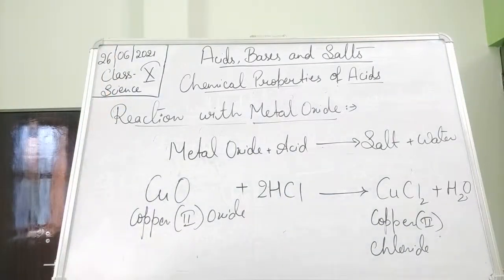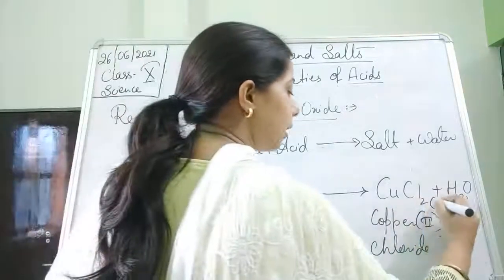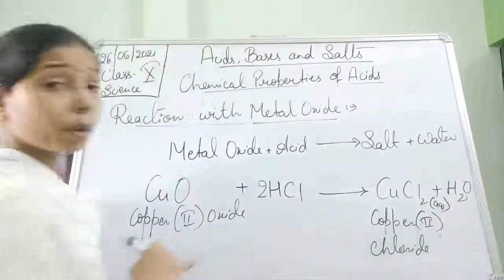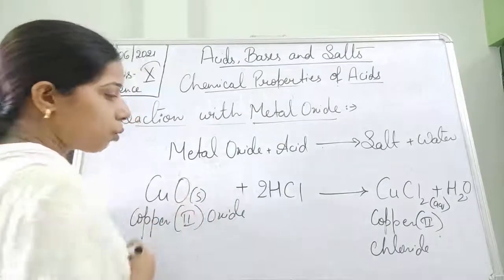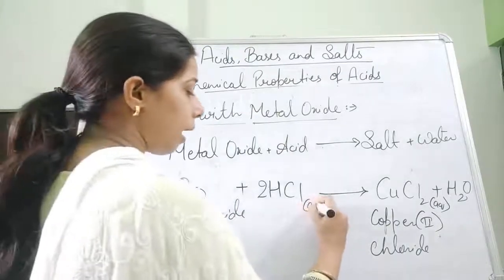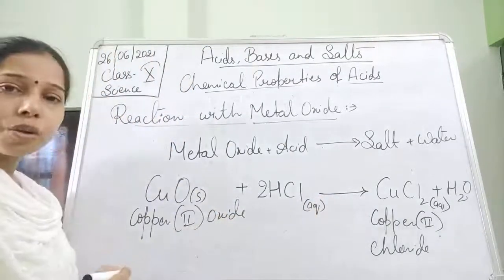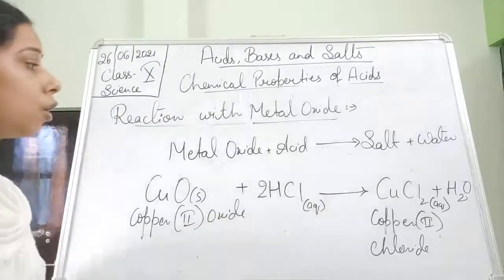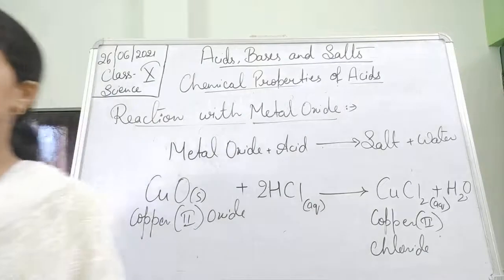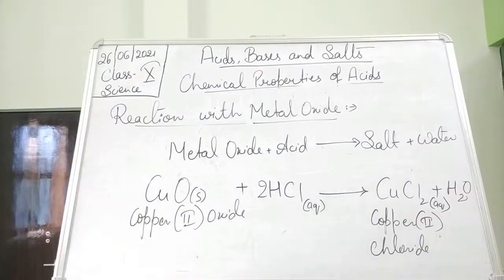Here the salt is in an aqueous solution and copper oxide, students, we will take as solid, and this hydrochloric acid is also an aqueous solution. So this is the reaction of the metal oxide with the acid.